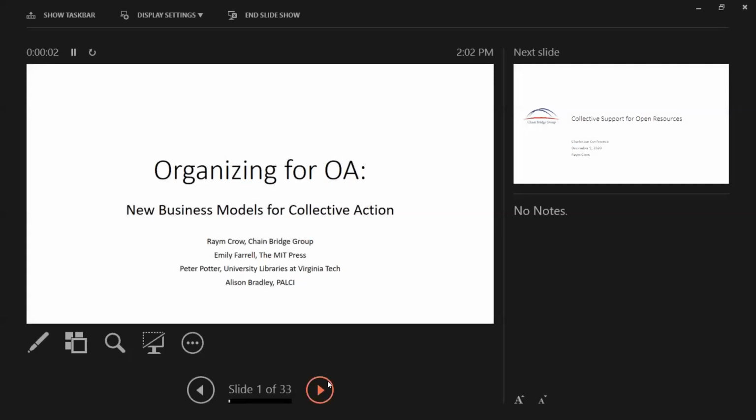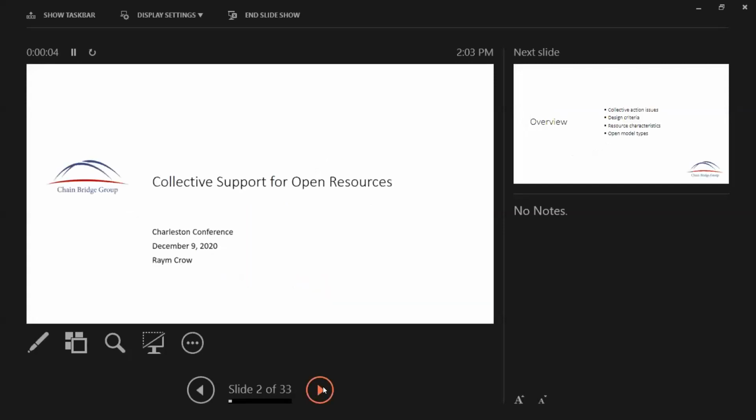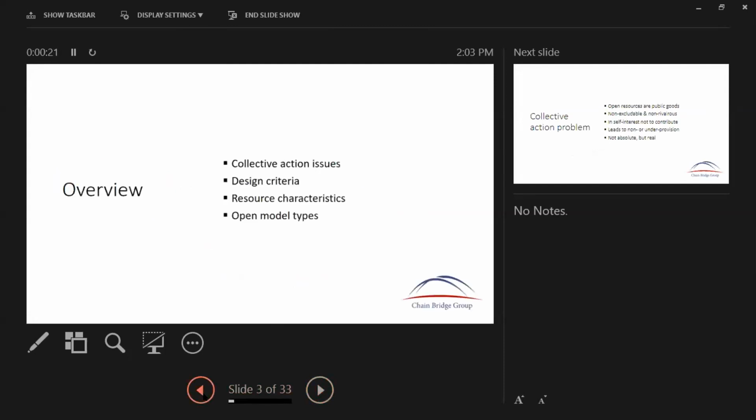Good afternoon. What I'd like to do, as context for the discussions of specific collection support models, is sketch out some of the issues that affect the design of such models more generally. We'll start by quickly reviewing the collective action problem in providing open resources.